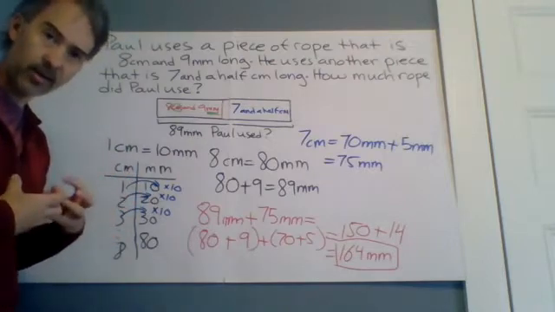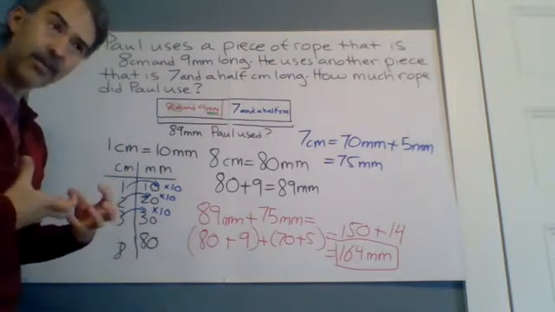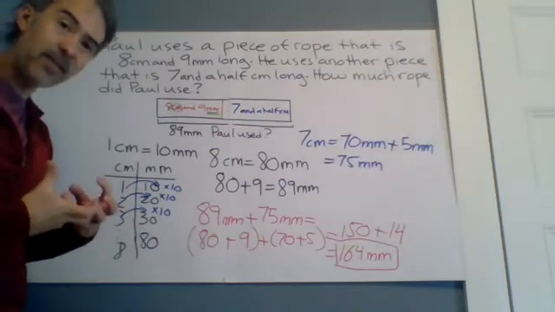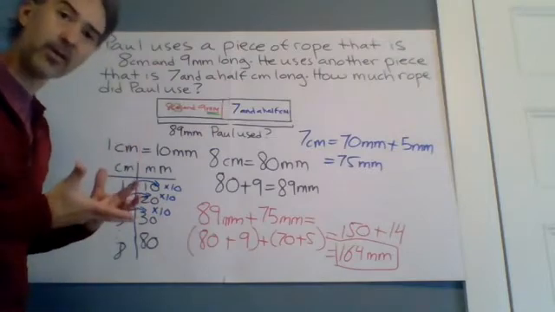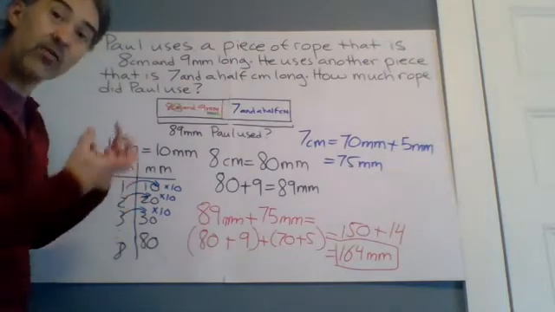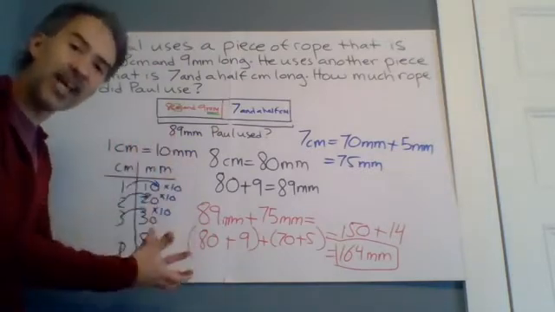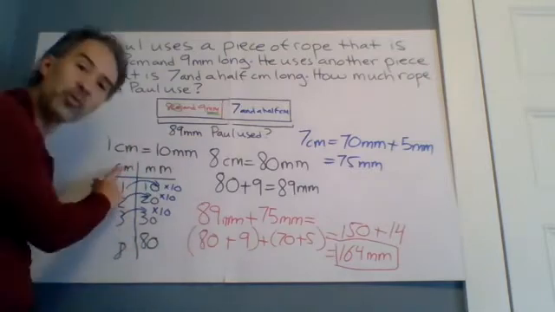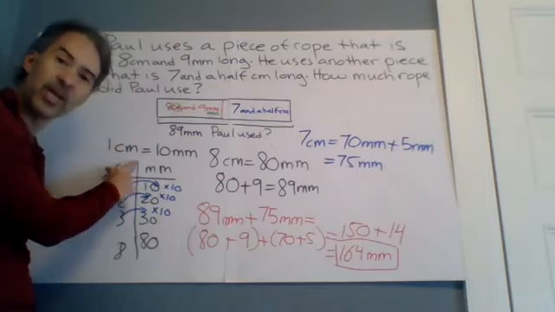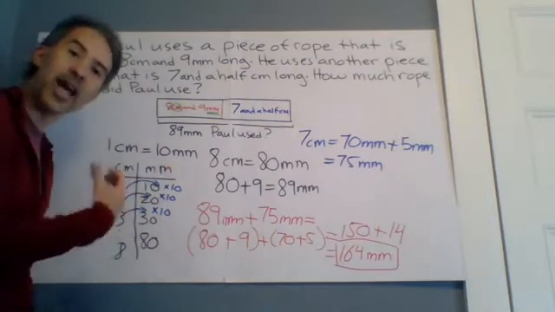So I'm thinking maybe I should have this answer all in millimeters. So I need to change my centimeters into millimeters, and I'm going to use my knowledge of 1 centimeter equals 10 millimeters to help me.